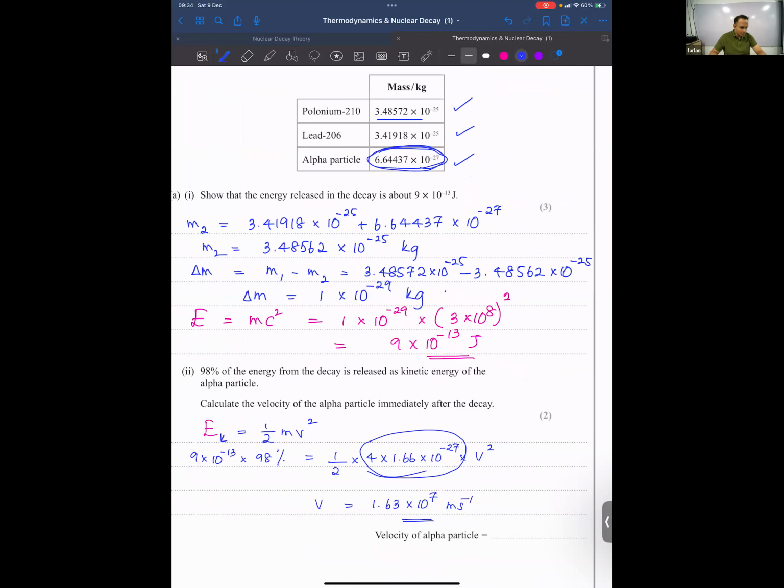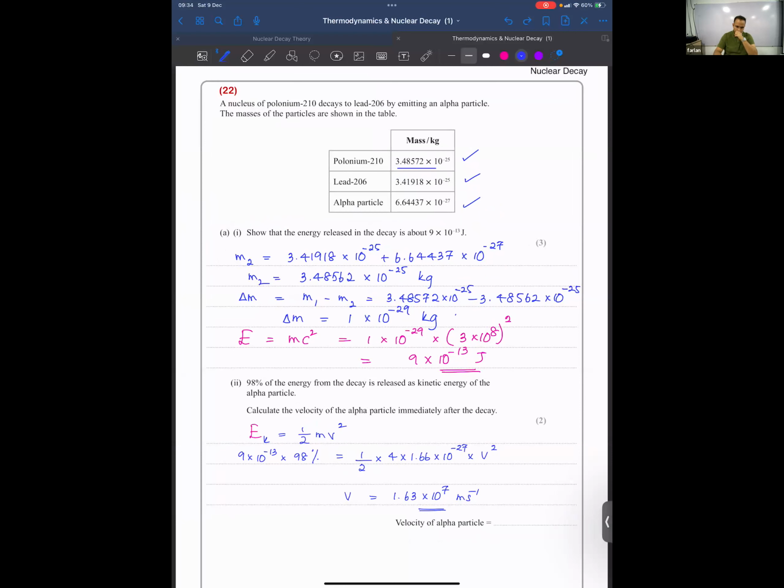But I think it will be almost the same. Take that value what they have given.